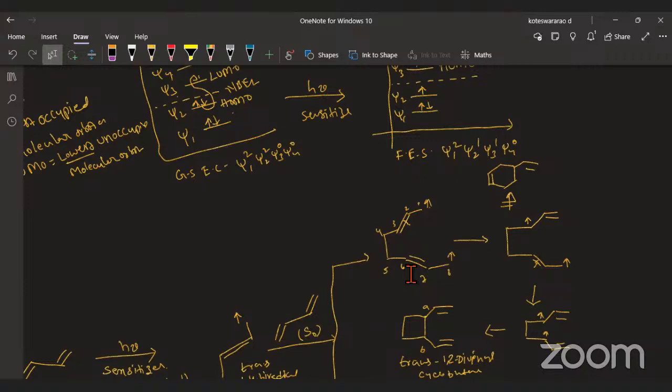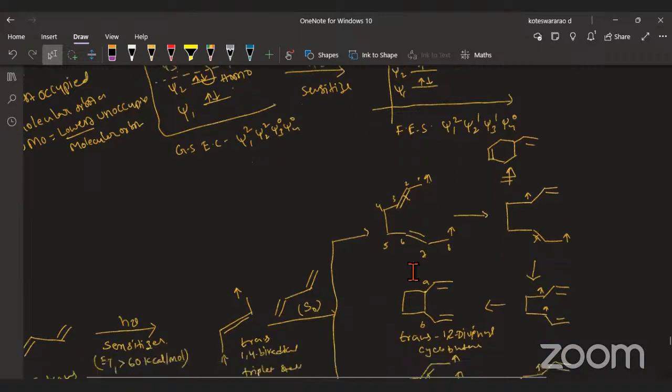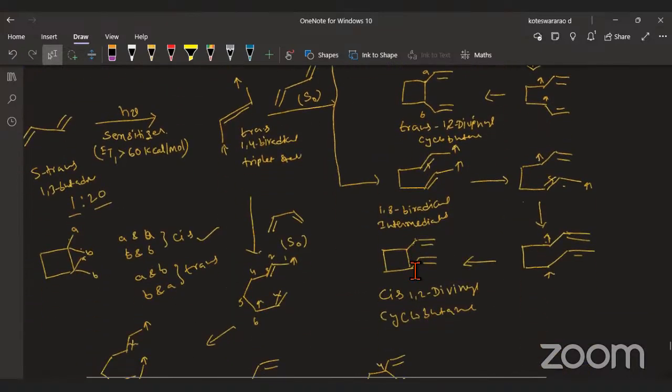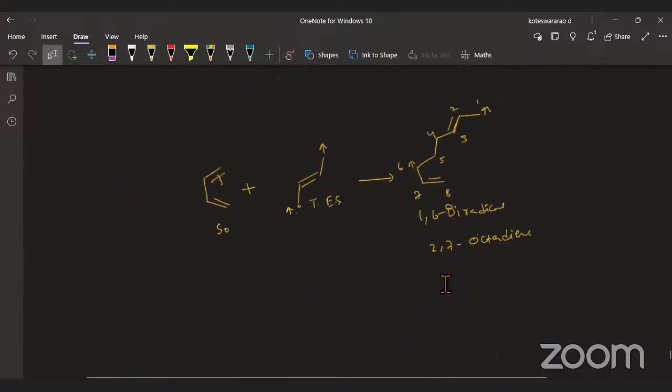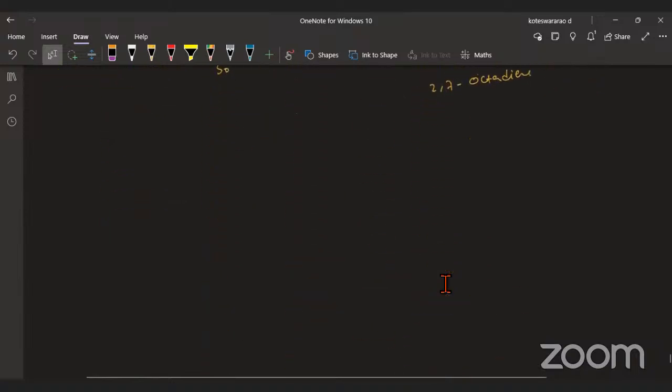And the last important example is the 1,4-diene rearrangement reaction, that is also called the di-pi-methane rearrangement. Without this question, the exam paper will not appear. Right? Without this question appearing, no exam paper will come.